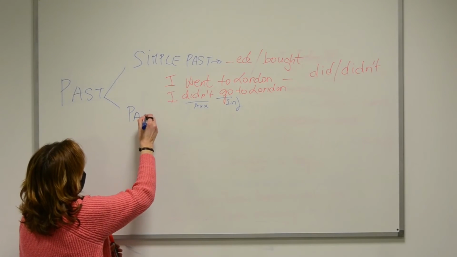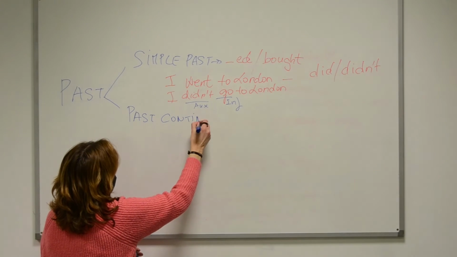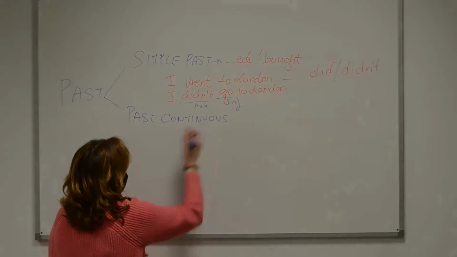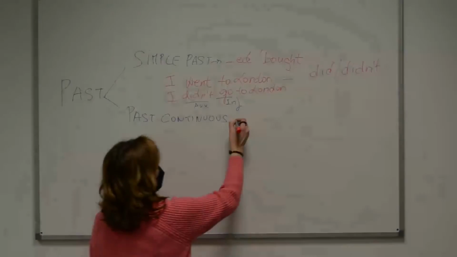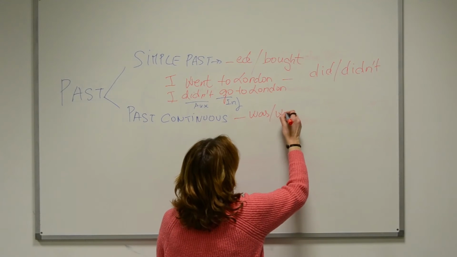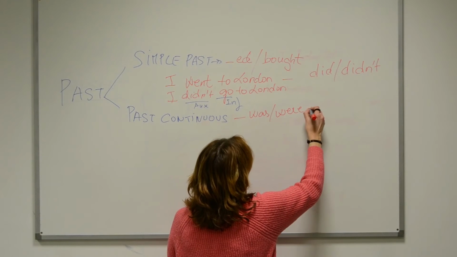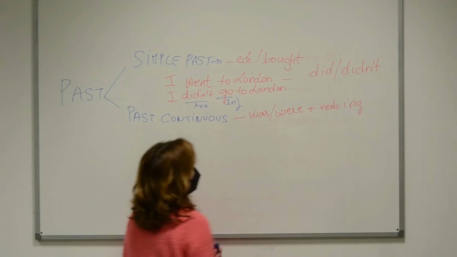Another past form is past continuous. Past continuous is made up with the verb to be in the past. Was or were plus the verb with ing.